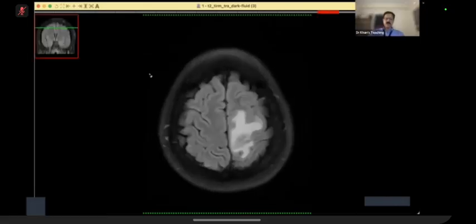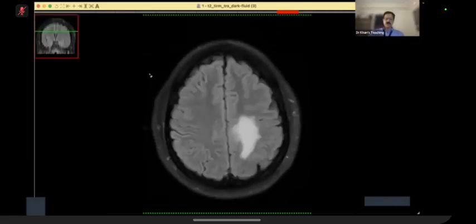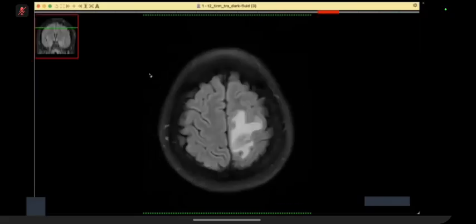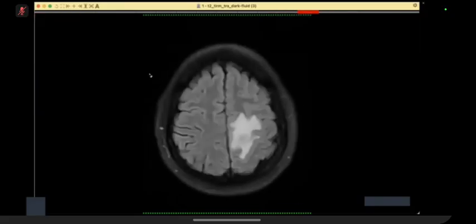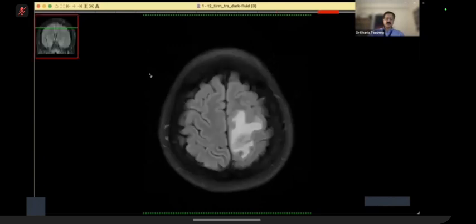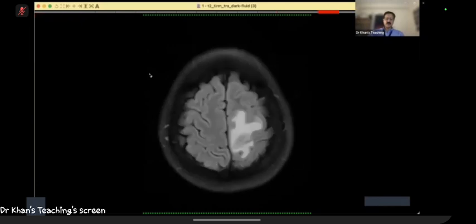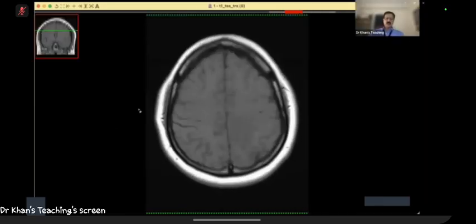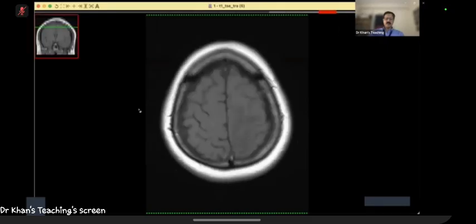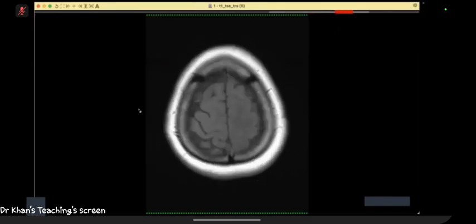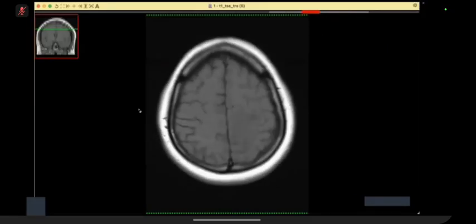Which parietal? Can we scroll further down? The left parietal lobe. Right. Which sequence would you like to see now? Okay, can I see a T1, please? So this is T1. Slightly low signal on T1.